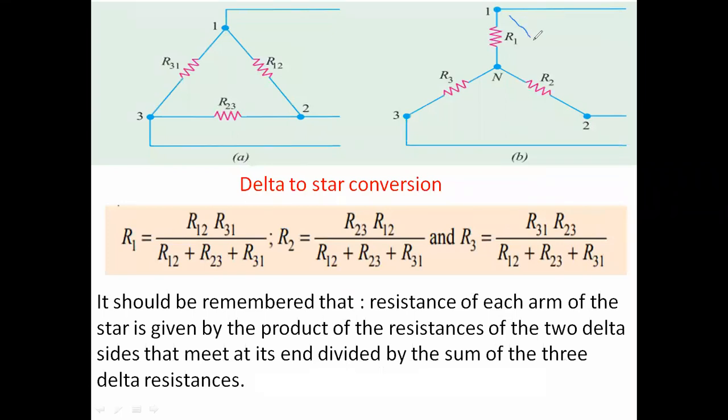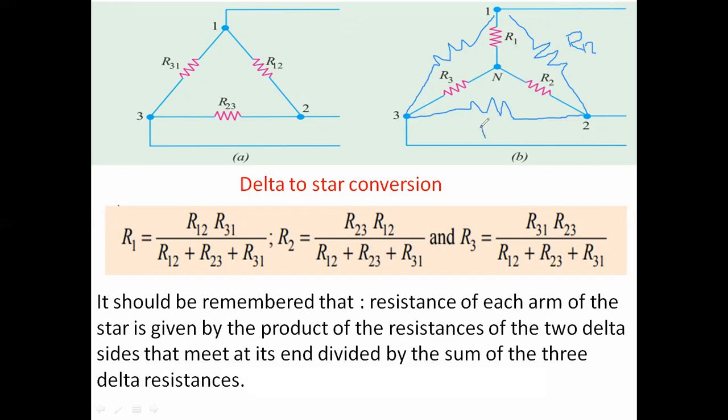The star network will be converted into delta by replacing it, and this is R12. R12 is connected to R1 and R2, so R12 is R1 plus R2 plus R1 R2 by the opposite resistance R3.